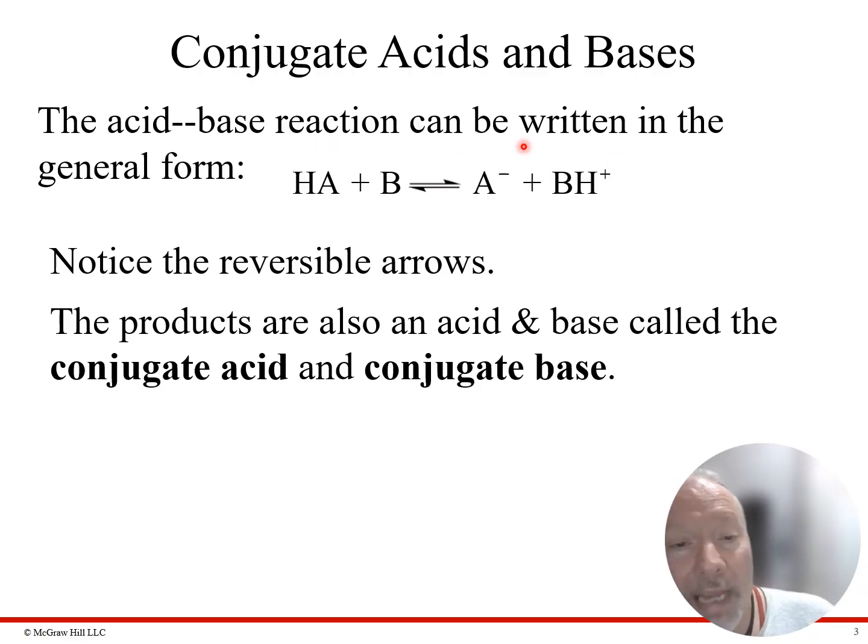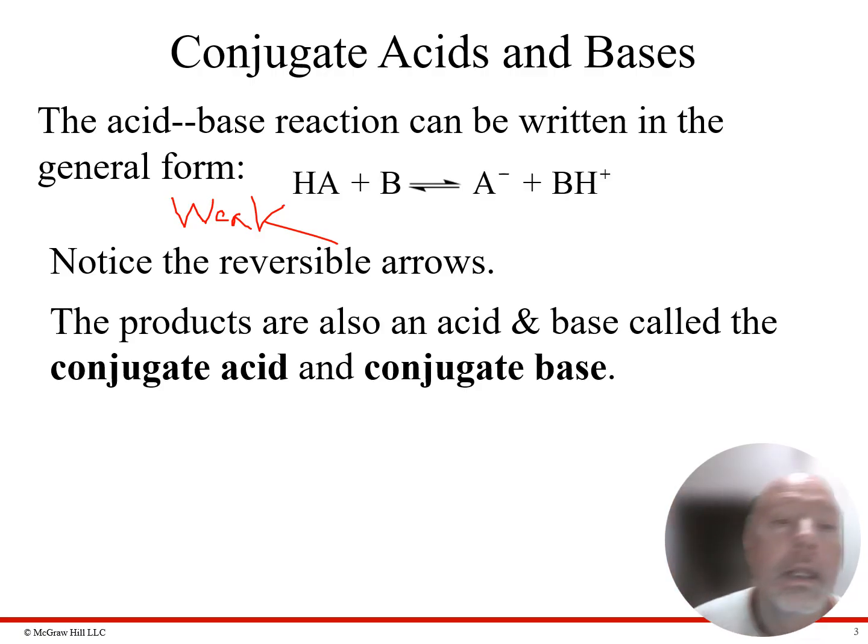What I'm displaying in front of you here is a weak acid. So let me just write, this is weak. Not because of concentration, but because the double arrow represents that it does not dissociate completely.